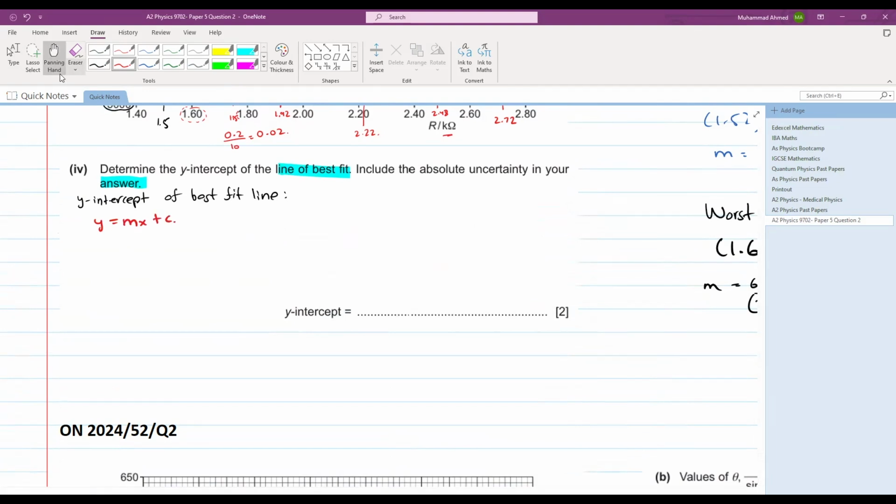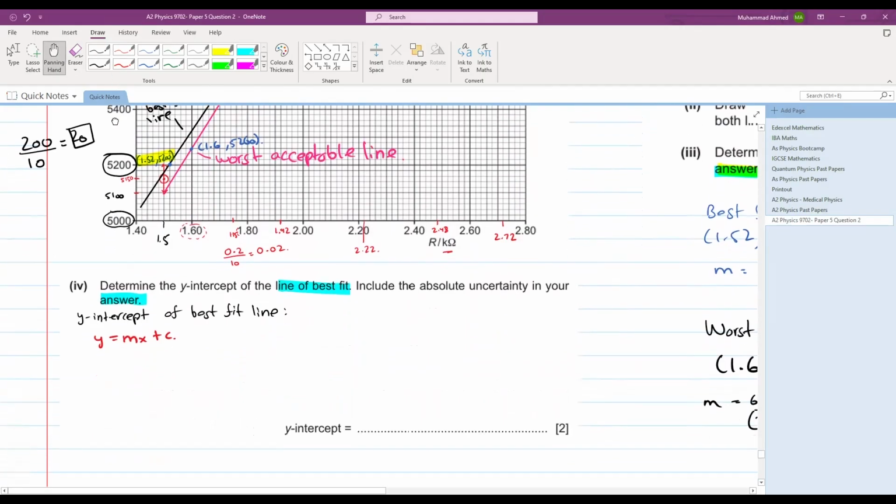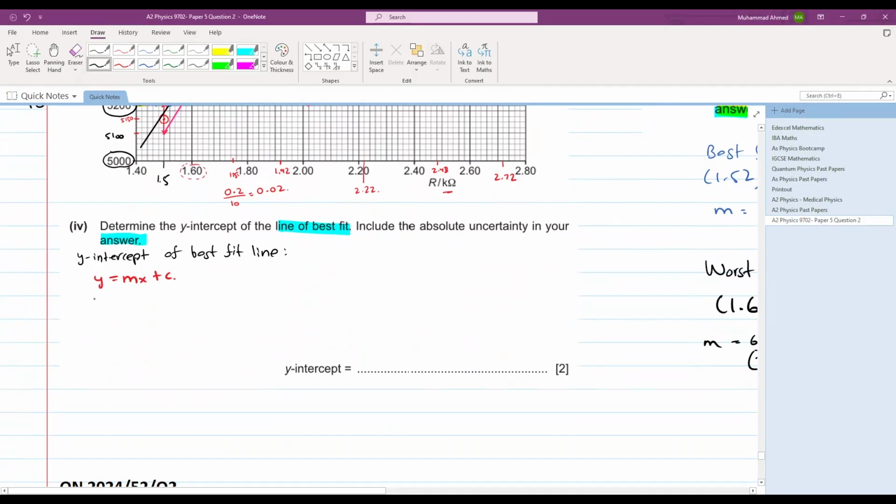Let's take any point on the best fit line. I am doing a slight sneaky move here. I am taking the same point that I took for the gradient, 1.525200. What was my gradient for the best fit line? The gradient for the best fit line was 1.51.